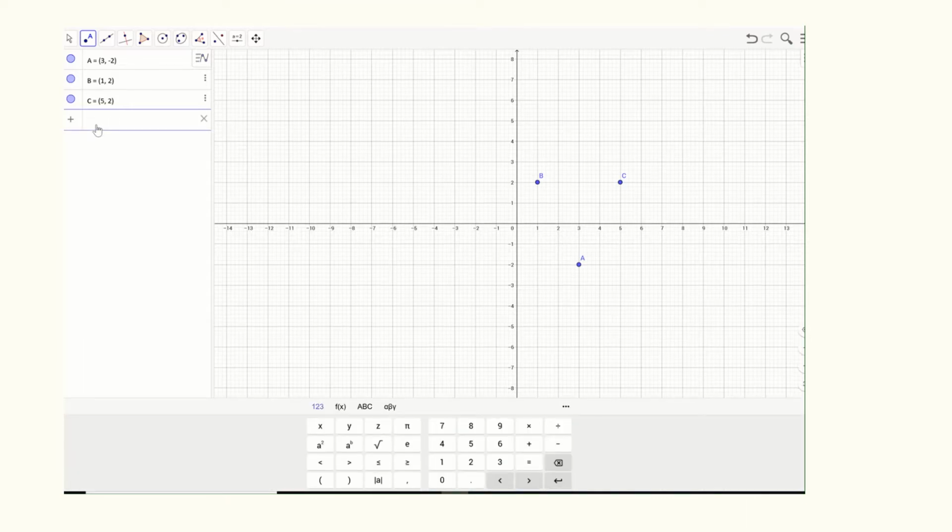Now, let's just graph the function in that vertex form. So we got y = (x - 3)² - 2. And Shazam, we line right up on the points that we had.